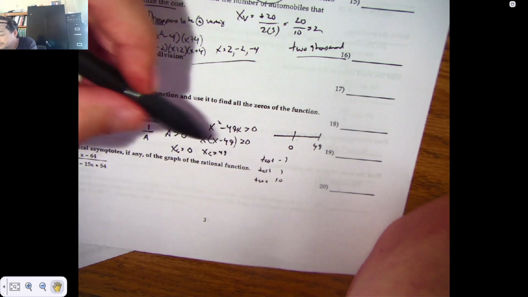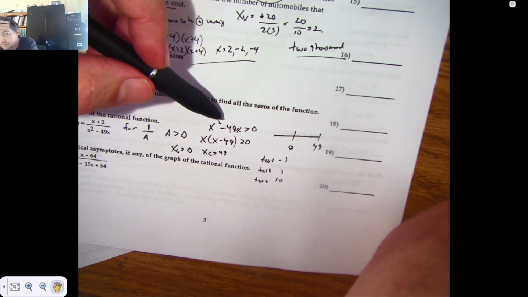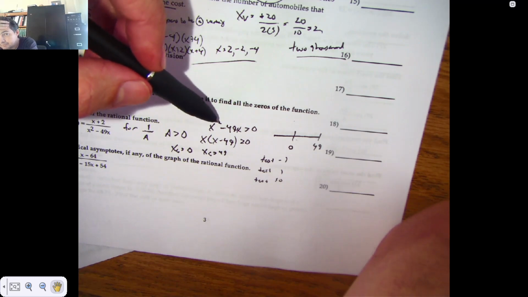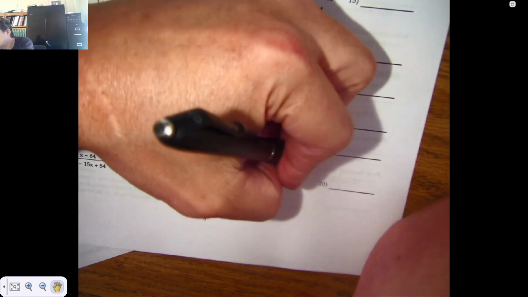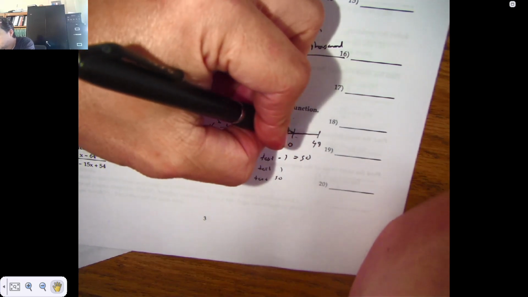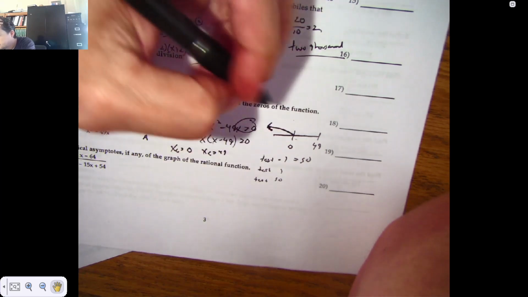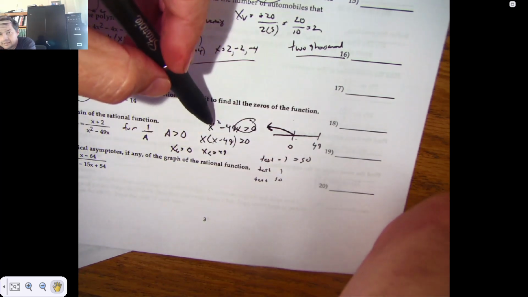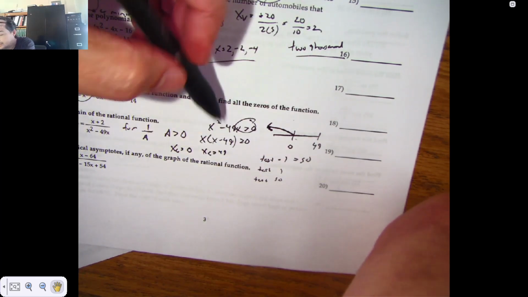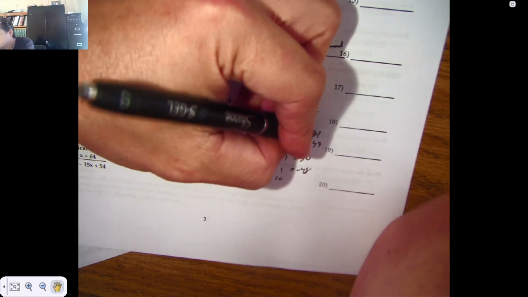So if I plug a -1 into this equation right here, I would have a +1 plus 49, which is definitely bigger than 0. So I get to accept all of this territory. If I plug in a 1, I'd have 1 minus 49, which is -48, which fails the test.